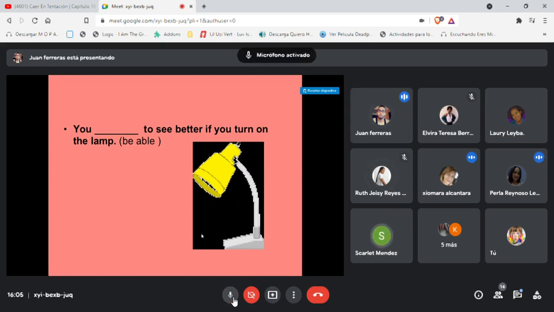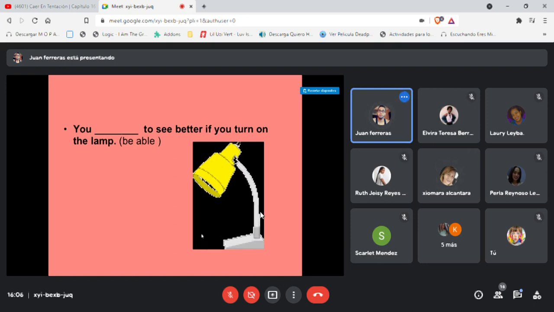You will be able. Recuerden, después de will va el verbo en su forma base. El verbo en su forma base es el verbo sin conjugar. Y el verbo to be sin conjugar es be. You will be able to see better if you turn on the lamp.